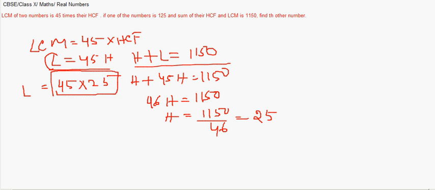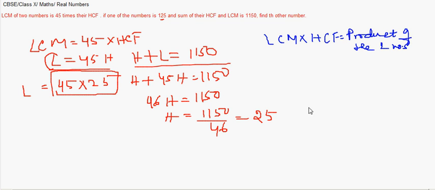One of the numbers is given to be 125. The formula says LCM of any numbers multiplied by their HCF is equal to the product of the two numbers. LCM we have now found to be 45 into 25. Let it be as it is, there will be cancellations.